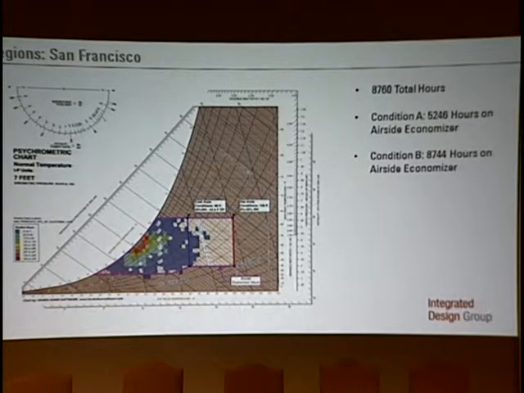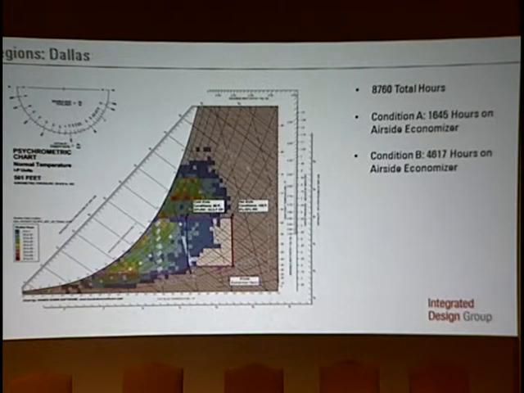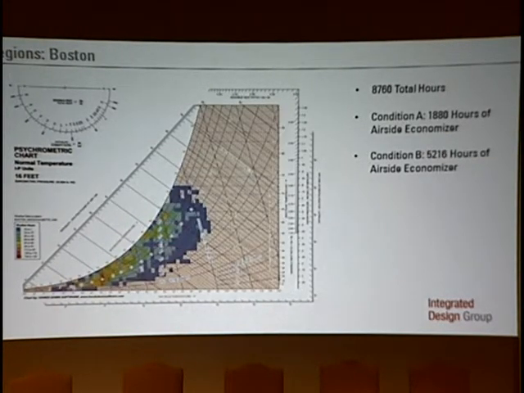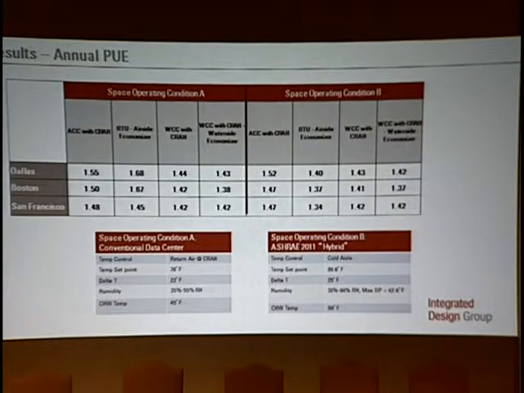So there are times here when you could be running your mechanical cooling equipment because you just can't get the air to the conditions that you need. But that's pretty amazing. So this is why when you looked at the PUE for San Francisco in condition B, the RTU came all the way down to 1.34, which is the best number that we've seen out of any of these combinations at all.